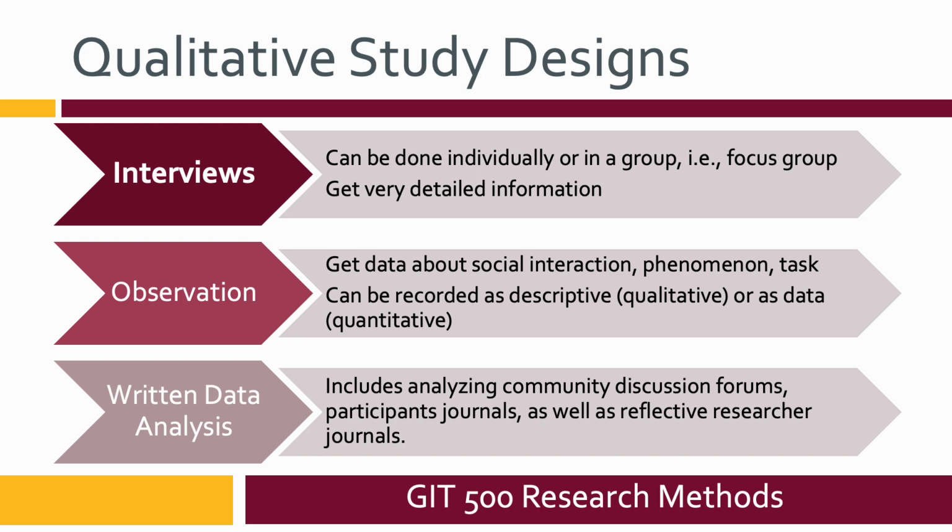You can also get data from written data analysis, and that's analyzing written data such as a community discussion forum, participants' journals, as well as the researcher's own reflective journal, if they keep one. That data can all be analyzed to create a picture in the research write-up.